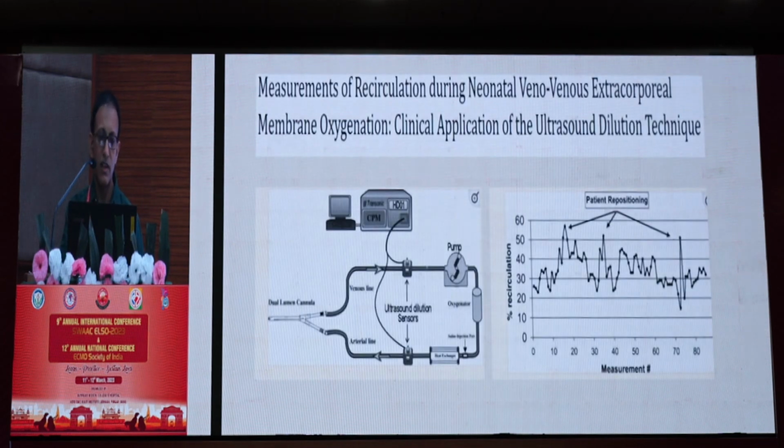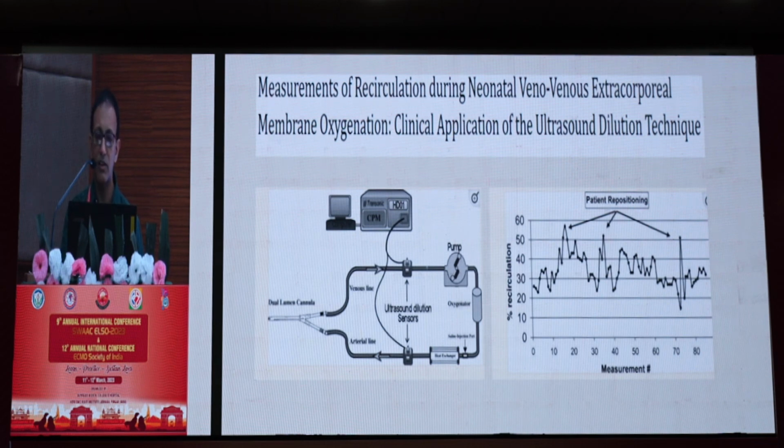And there are a few neonatal studies where the recirculation was measured using ultrasonic sensors. Actually, what they did is they connected ultrasonic sensors on the arterial side as well as the venous side of the circuit. They infused 5 ml of isotonic saline, measured the change in velocity, and recorded the dilution curves.